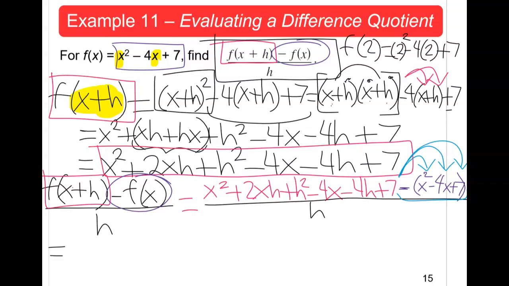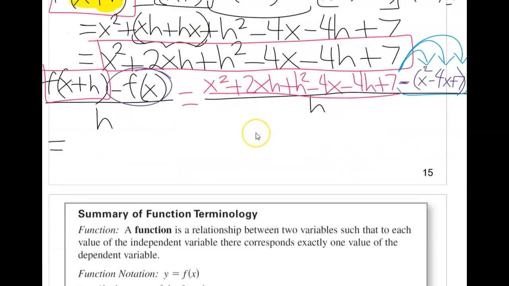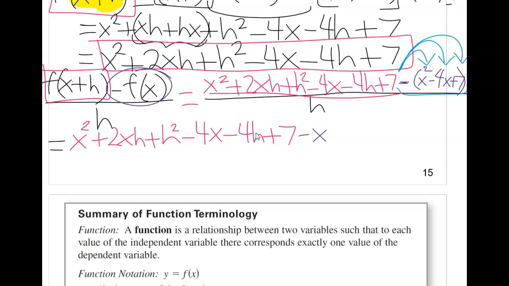Okay, so I'm going to copy what I already had from here. x squared plus 2xh plus h squared minus 4x minus 4h plus 7. And then distributing the negative signs, I'm going to get negative x squared, and then I'm going to get positive 4x, and then I'm going to get negative 7. And then everything is divided by h.